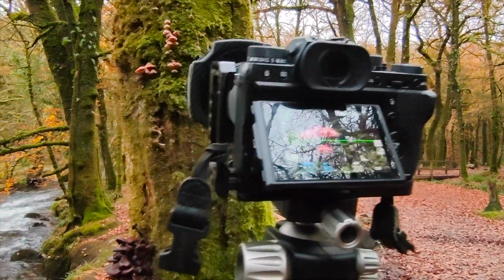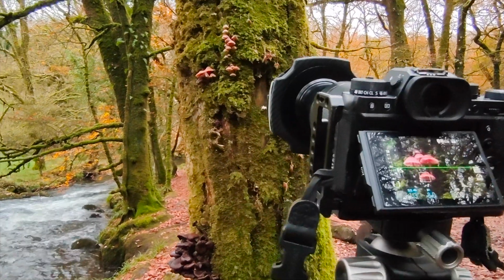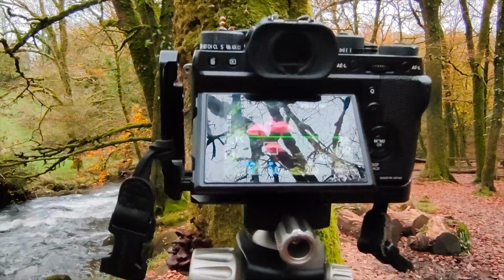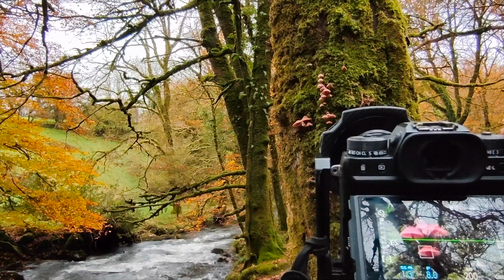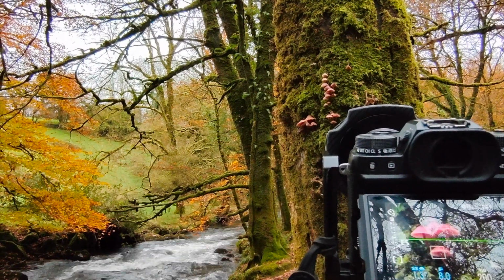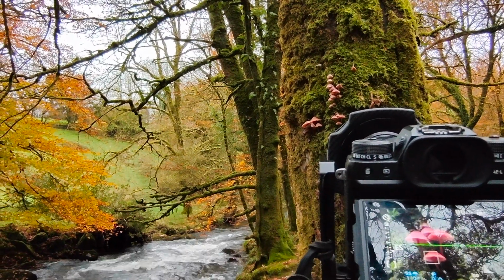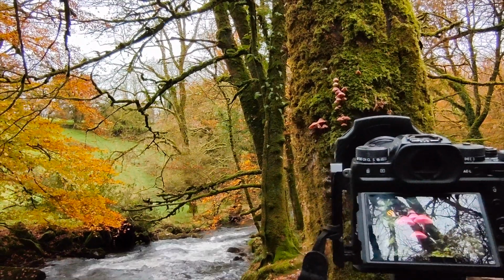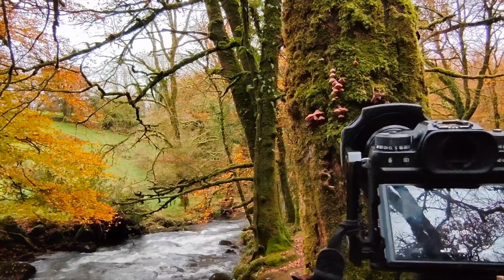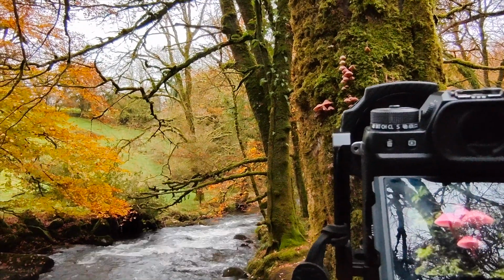So, what could be the final fungus composition is this little group of Mycena species fungi. And we're focused on the smallest fungus, and I'm going to move up and take a couple more images, again for possible focus stacking if required. That's that one.